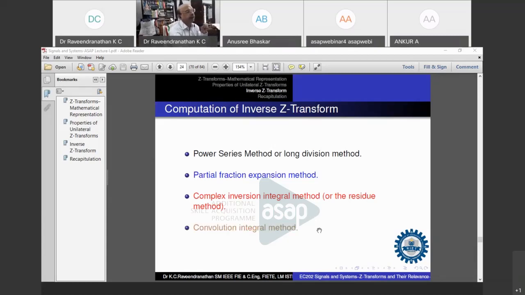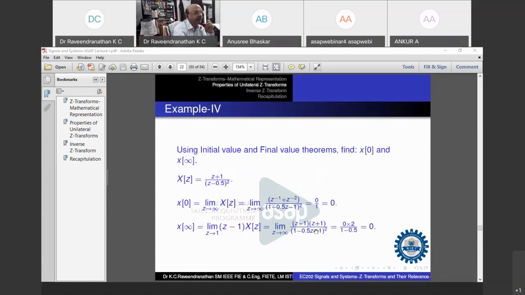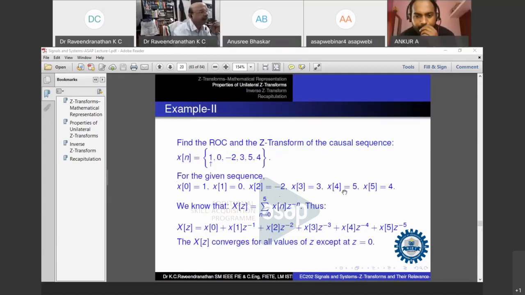Then finally the convolution integral method also can be applied, right? These are the possible questions one can expect in the university exam. The most tedious will be the final one, converting X of z into x of n. Taking the inverse or computing the inverse z transform, or obtaining the time domain representation from the frequency domain.